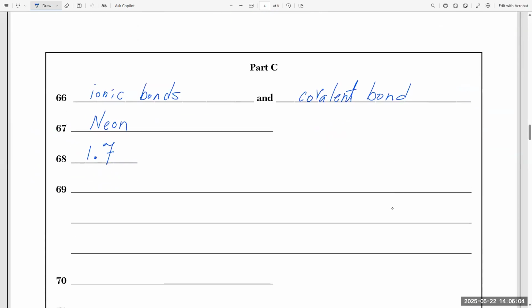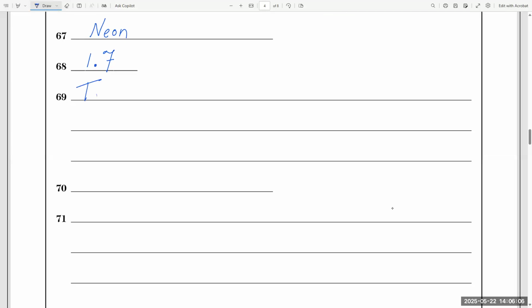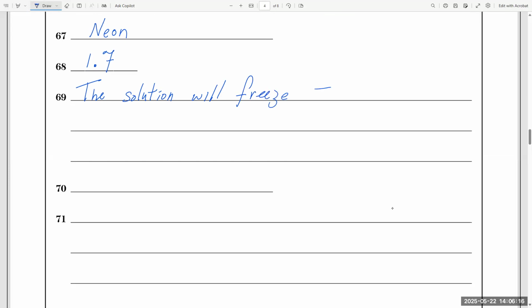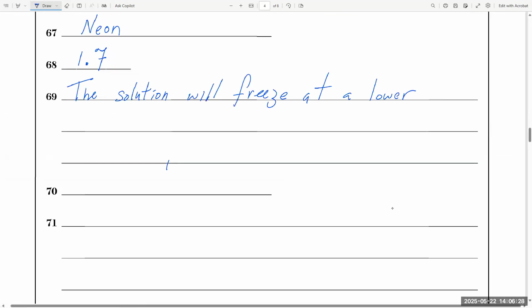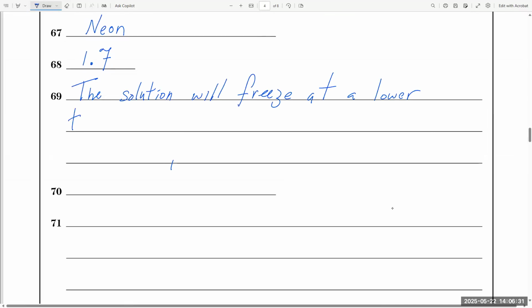So you can write that the solution will freeze at a lower temperature than that of water, right?